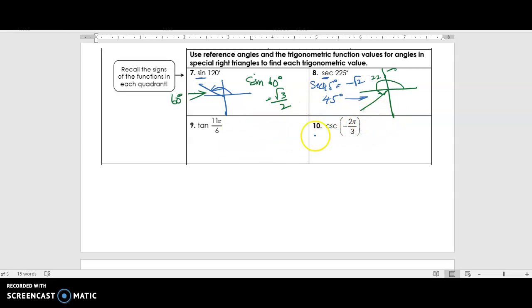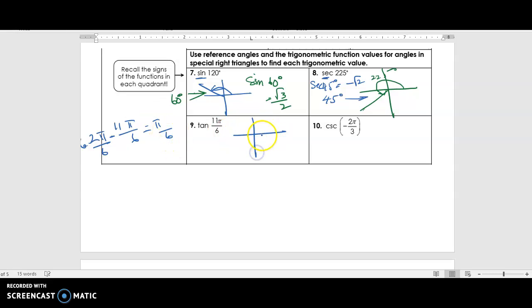I would leave these to you as practice. A quick look at 11 pi over 6, right? 11 pi over 6 subtracted from 2 pi, then you will know the angle. Make the denominator the same. So this will be 12 pi minus 11 pi, which is pi, which means it is 30 degrees.